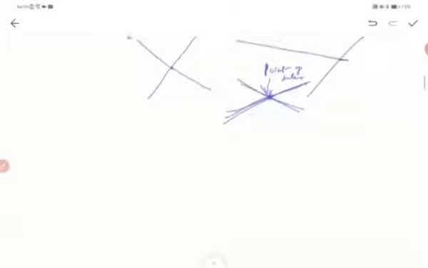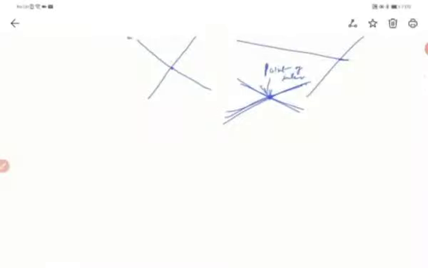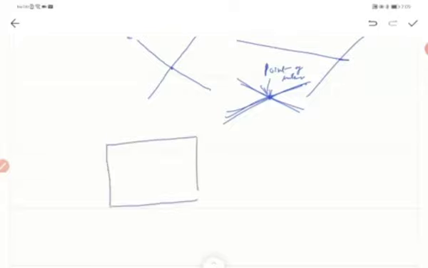Okay, now already you have heard about what are parallel lines. I want to explain to you in depth about these parallel lines. So now I have a square. Okay, a square is made up of how many lines? Four lines, right?